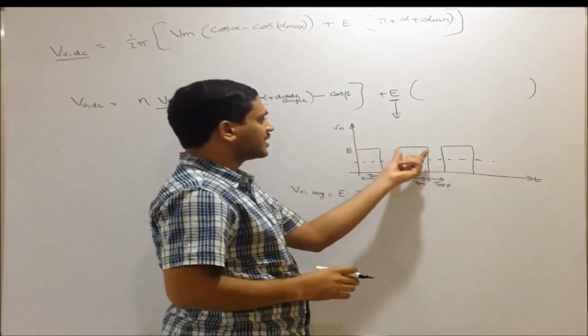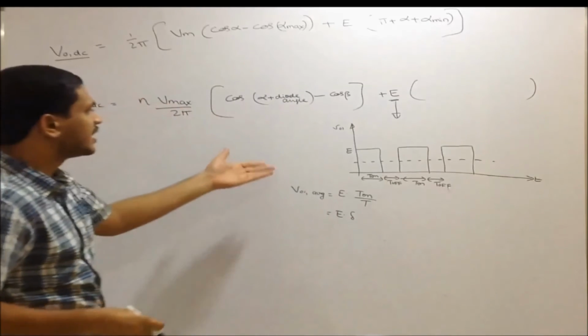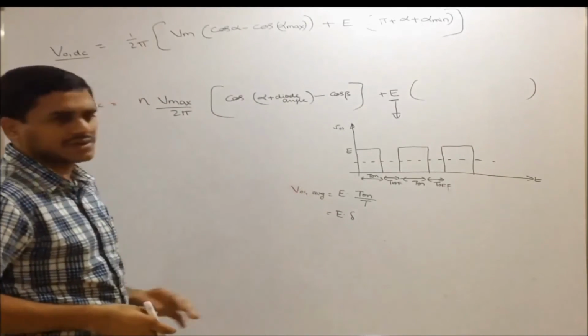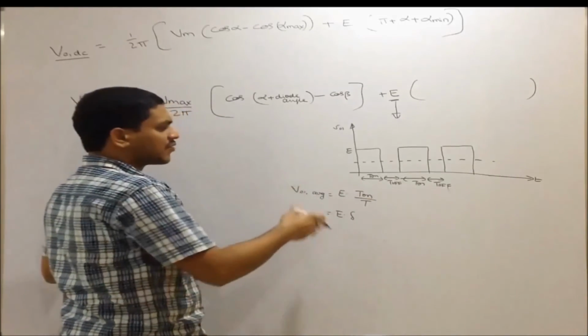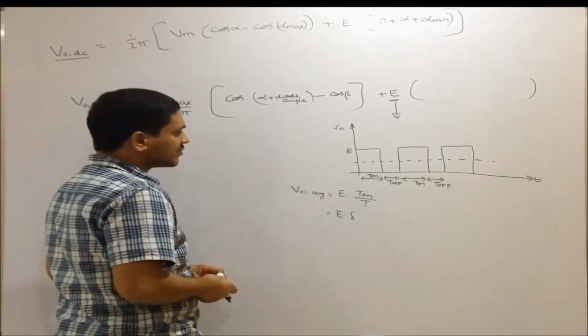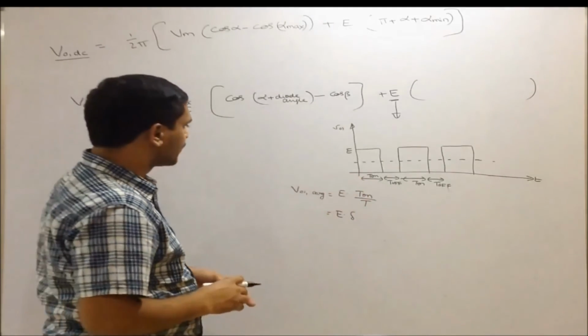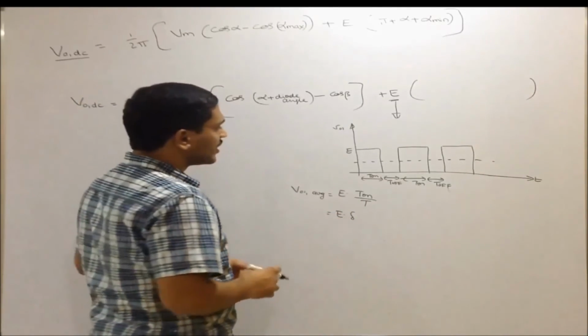Again for T on I am getting E, and for T off 0, and the cycle repeats. If I want to calculate the average value of this, V01 average equals E into T on by T. This is the direct formula. Of course, you can do the integration. There is nothing great, it is very easy. So it becomes E into delta.